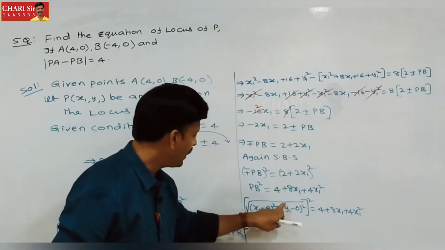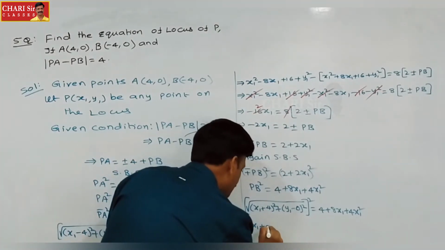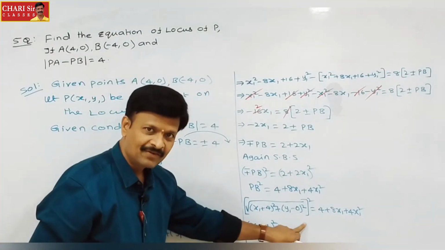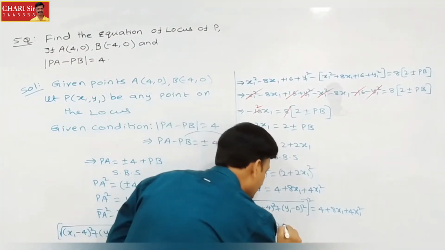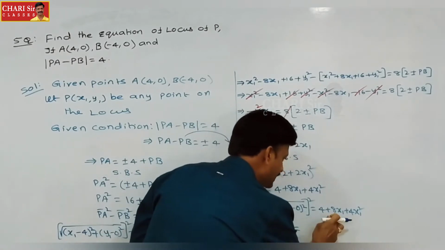Now square and root get cancelled. The remaining terms are x1 plus 4 whole square plus y1 minus 0, which is nothing but y1 square, equal to 4 plus 8x1 plus 4x1 square.